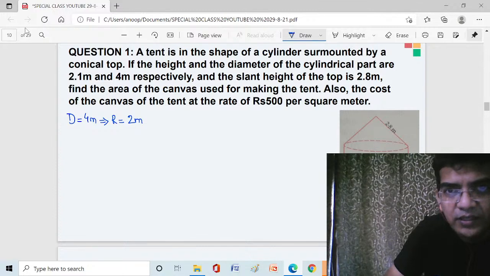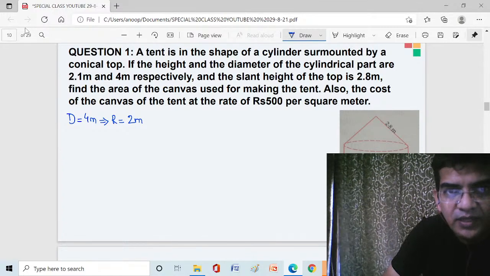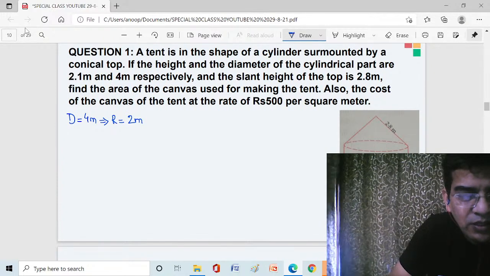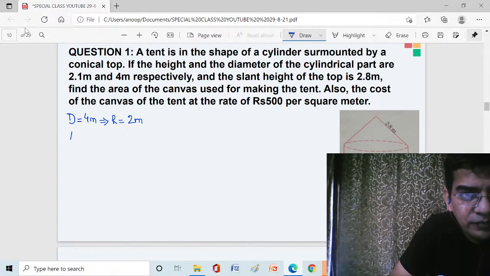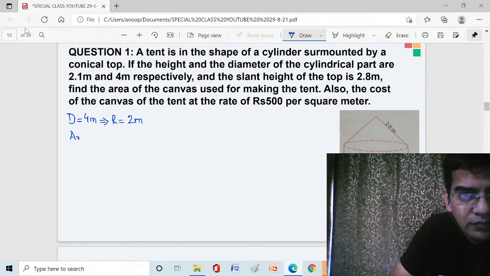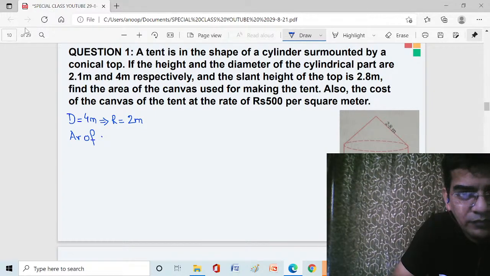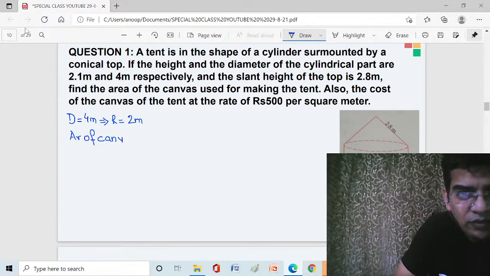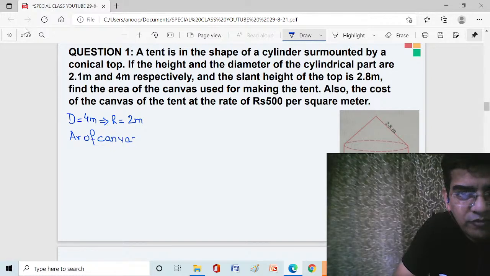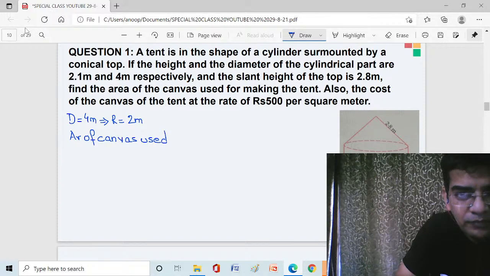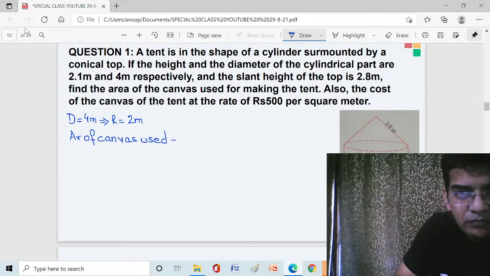Now we need to find the area of canvas used. See where the canvas will be used.